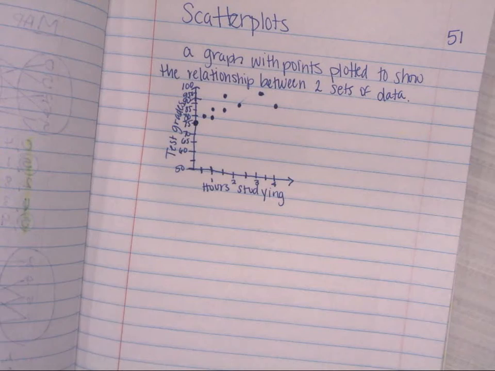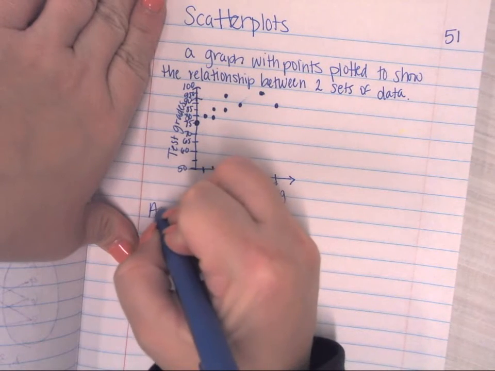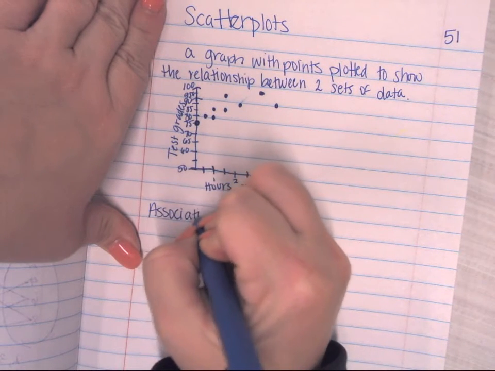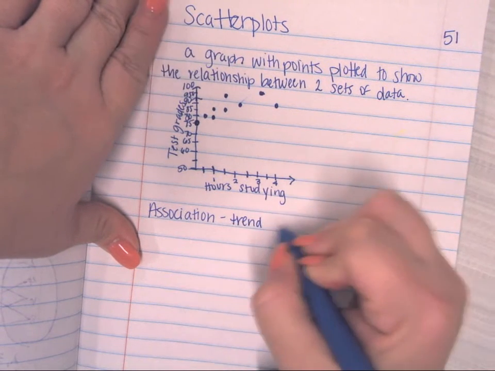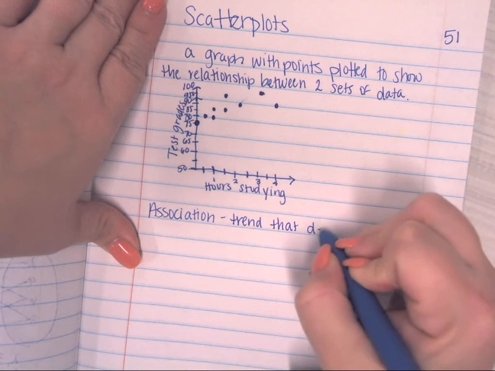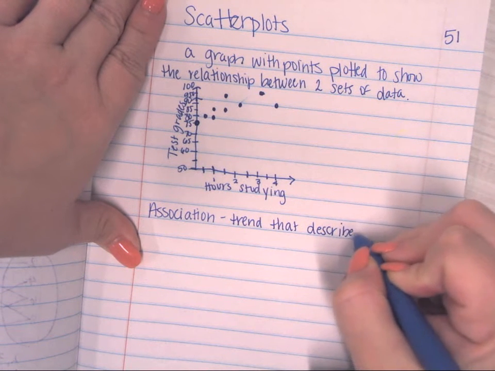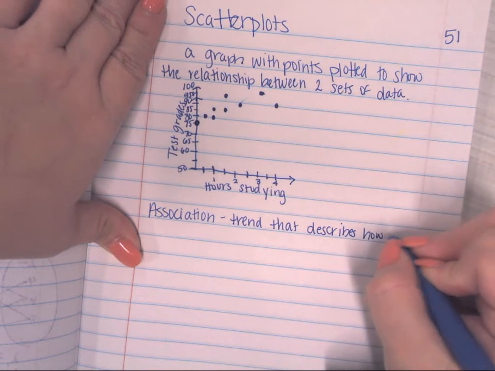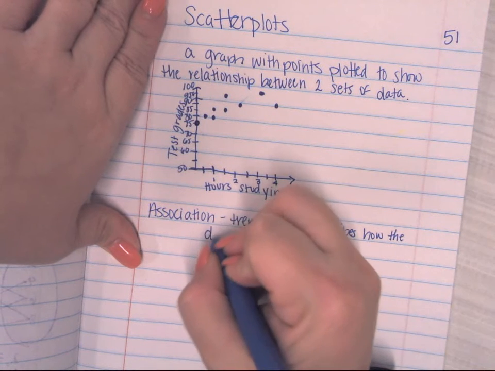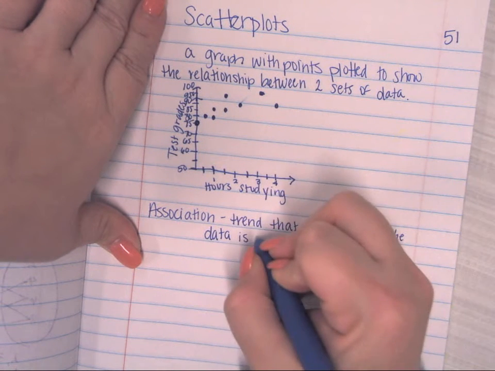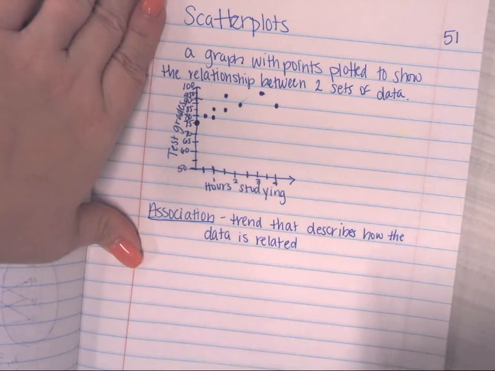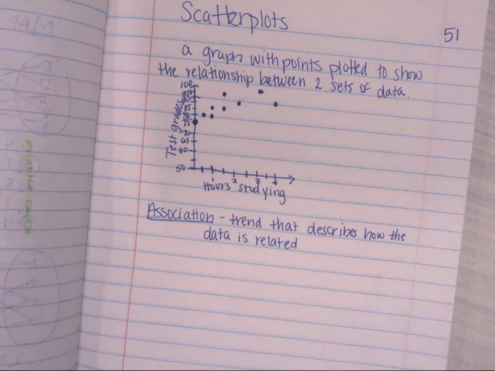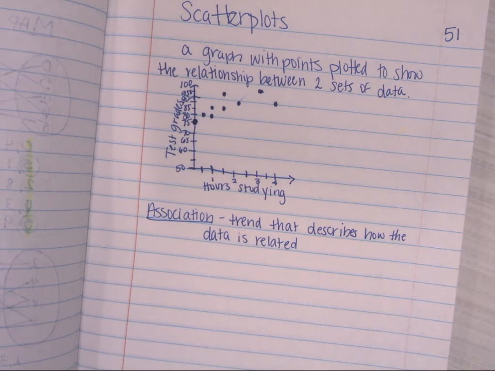So an association is a trend that describes how the data is related. Okay, a trend that describes how the data is related is your association.